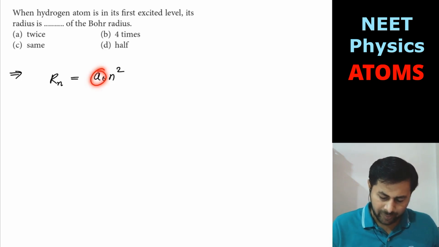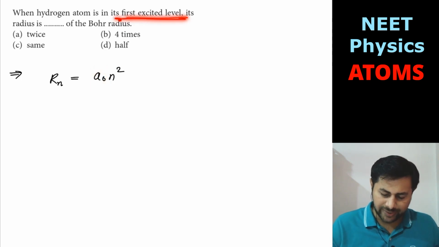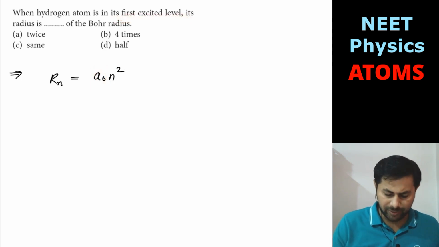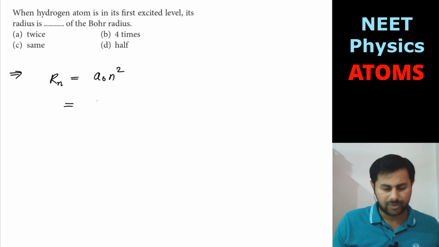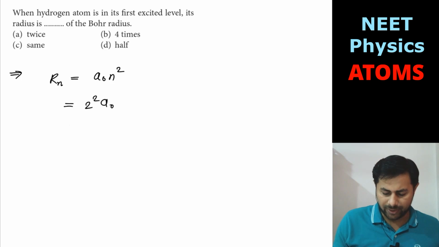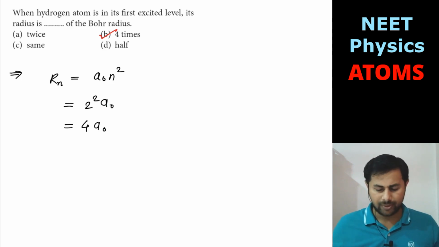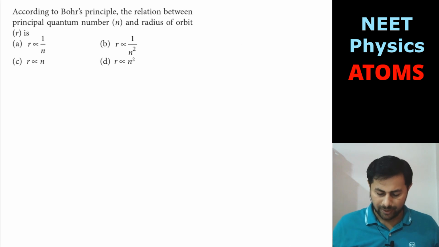First excited level means n is equal to 2. So it's 2 square times a naught, that means 4 times a naught. So it is option B. That's very simple. Okay, let's see next one.